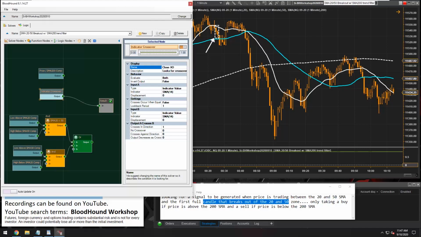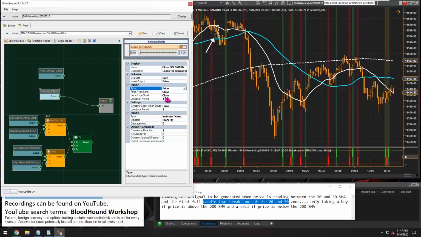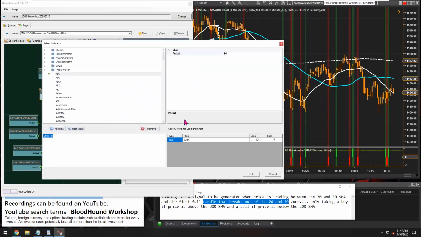We're going to look for the closing price to cross over the SMA 20. So again, we'll set input A to price, and this time we'll just use the closing price. And for input B, let's change the SMA to a 20 period.